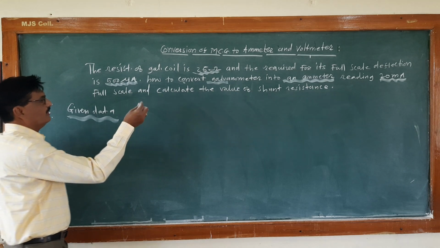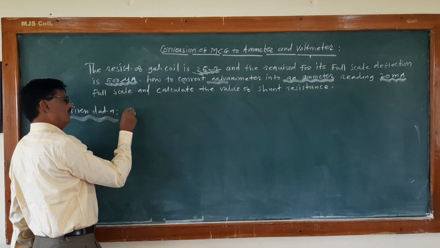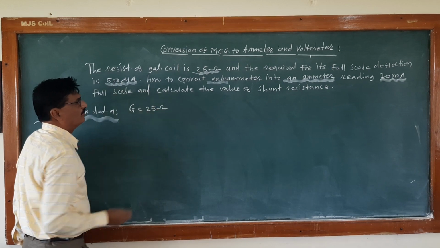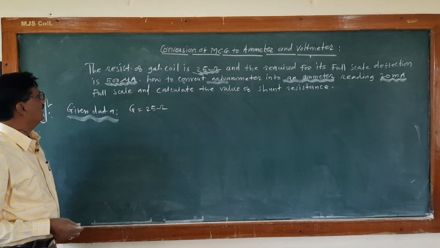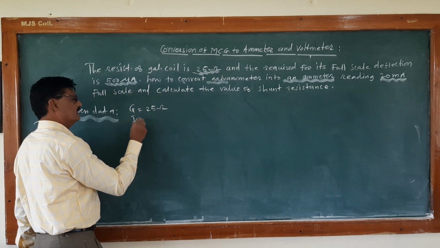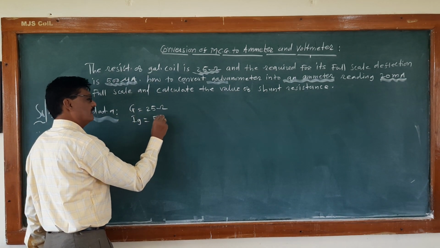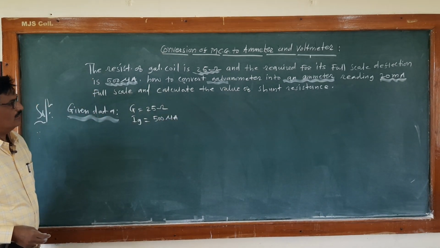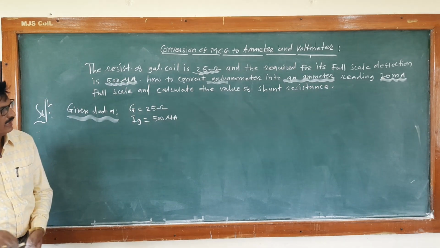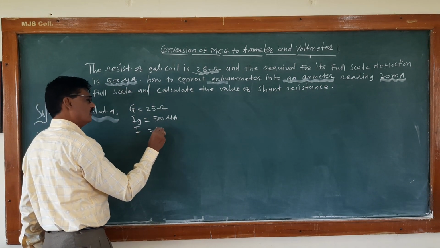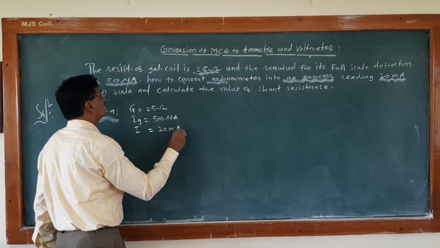In this case, the resistance of the galvanometer G is equal to 25 ohm, and the current flowing through the galvanometer for full scale deflection, Ig, is equal to 500 microampere, and the ammeter having reading 20 milliampere. This means that current I is equal to 20 milliampere.